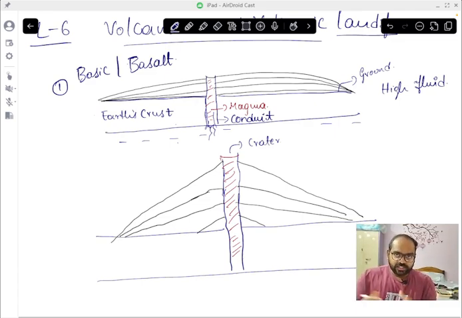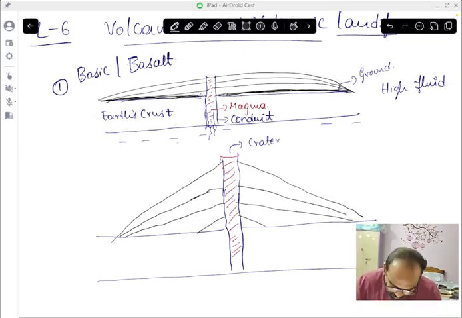Since it is highly fluid, it makes its way through the conduit and spreads to very far distances, sometimes hundreds of kilometers on the ground, and then gets solidified in a straight or slightly concave way.